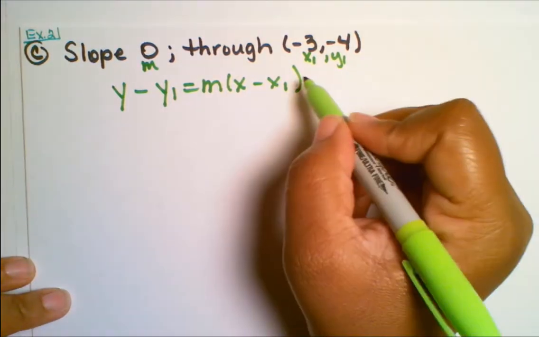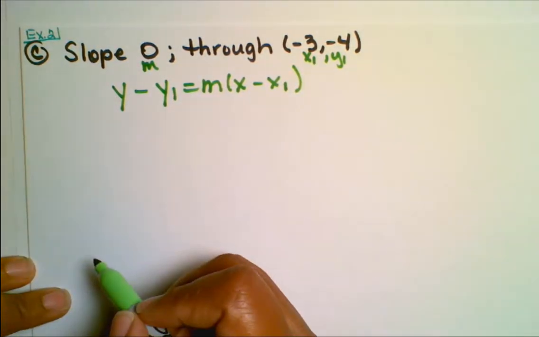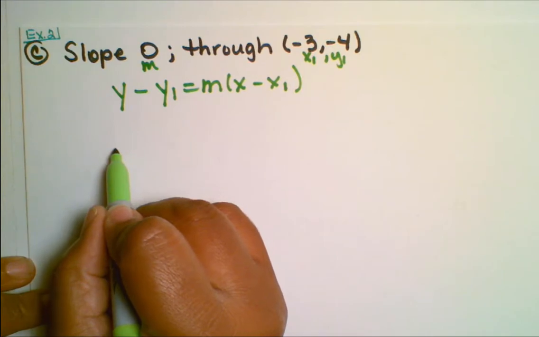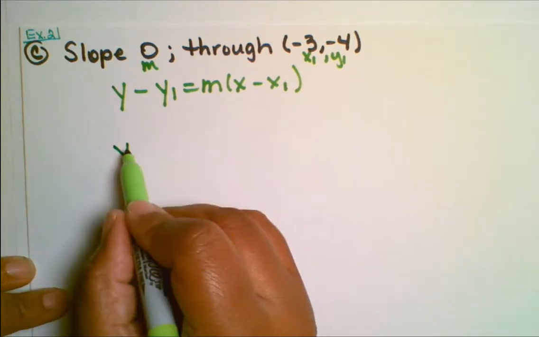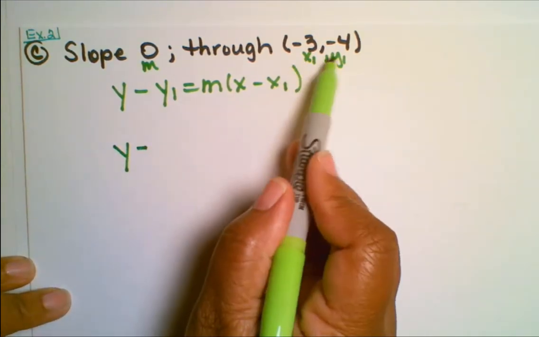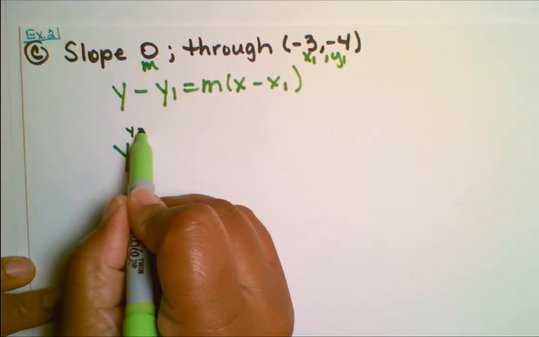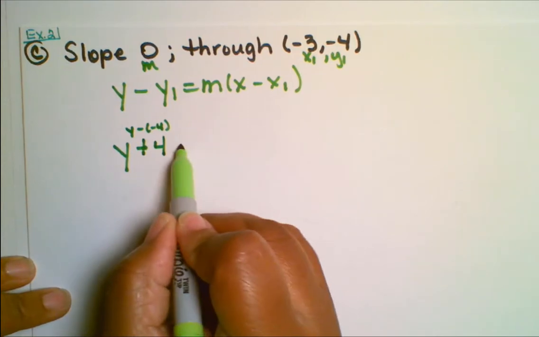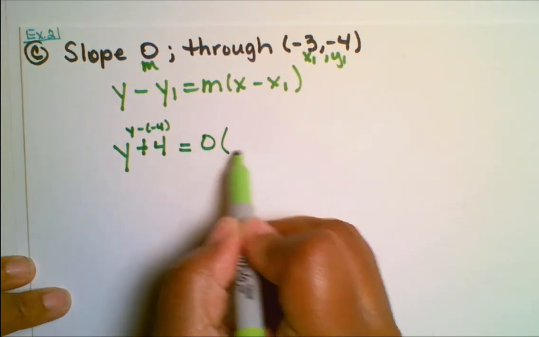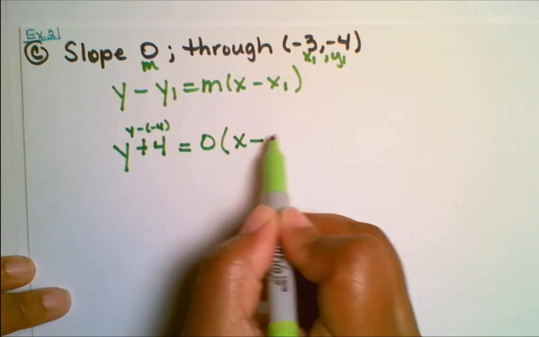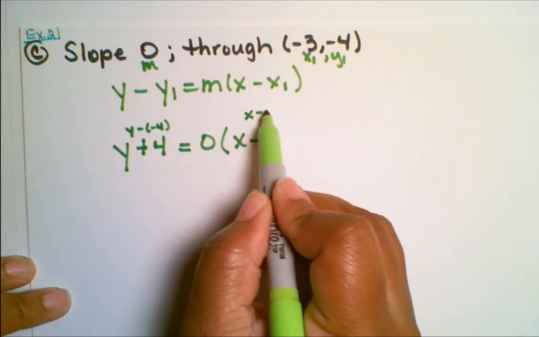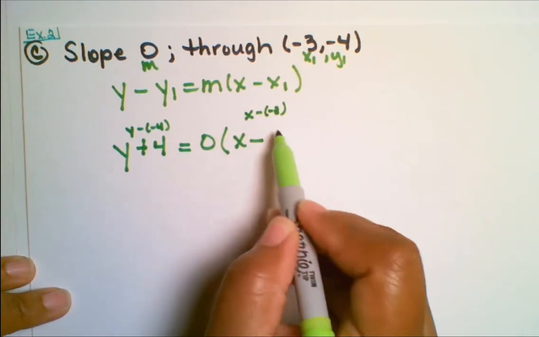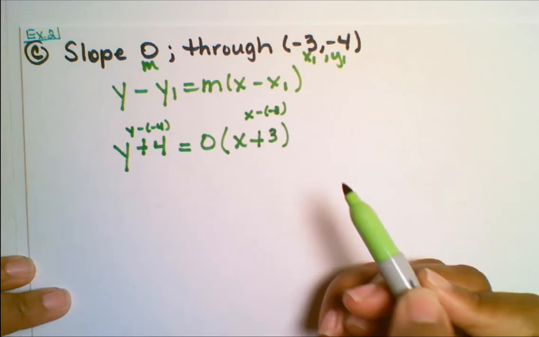We're going to plug those values into this formula. So we have y minus -4. We know that becomes y plus 4 equals 0 times x minus -3. And we know that x minus -3 becomes x plus 3.